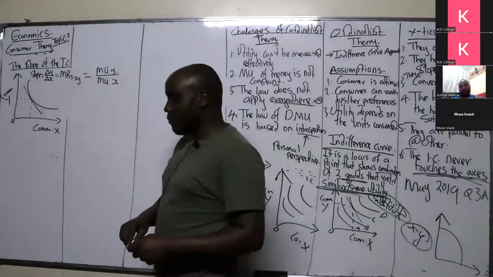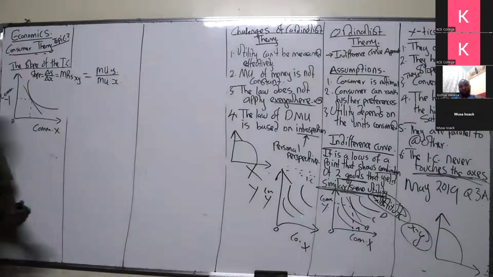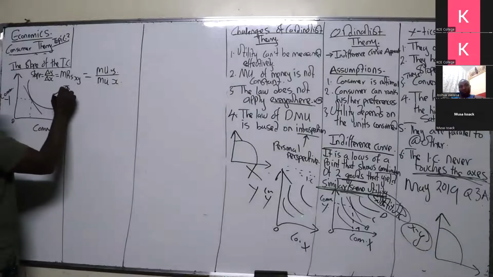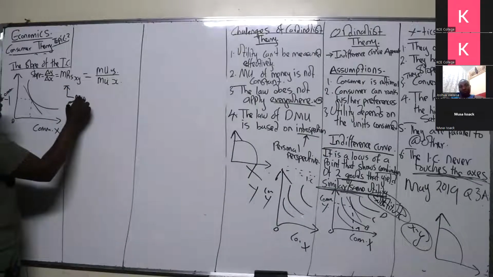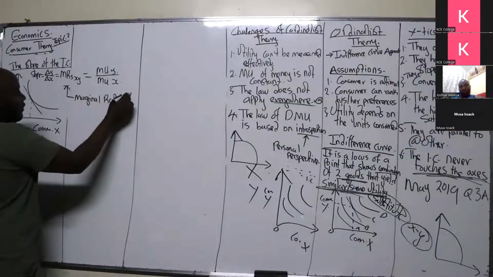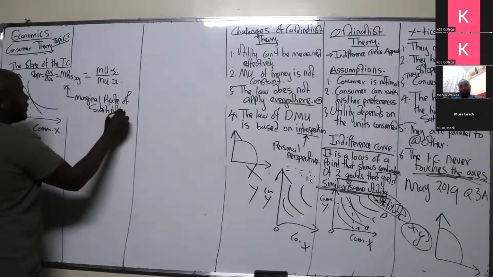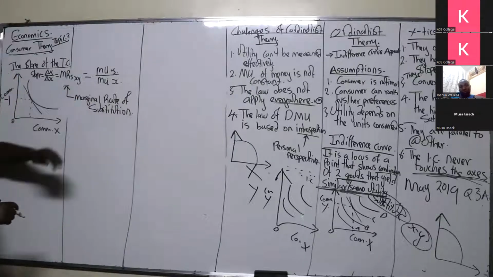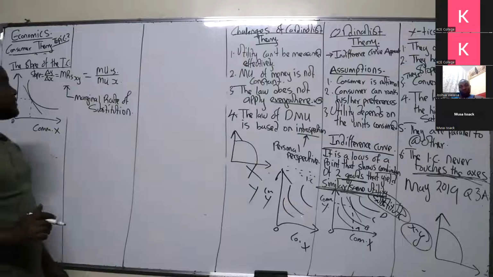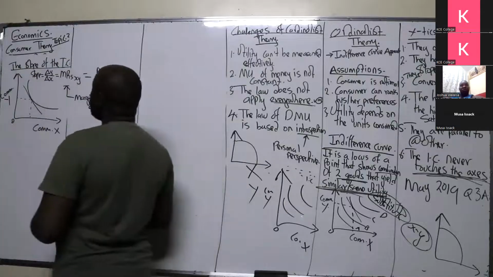That's the slope. MRS is the marginal rate of substitution. So if the examiner gives you the marginal utility of y and x, you can automatically give us the slope.